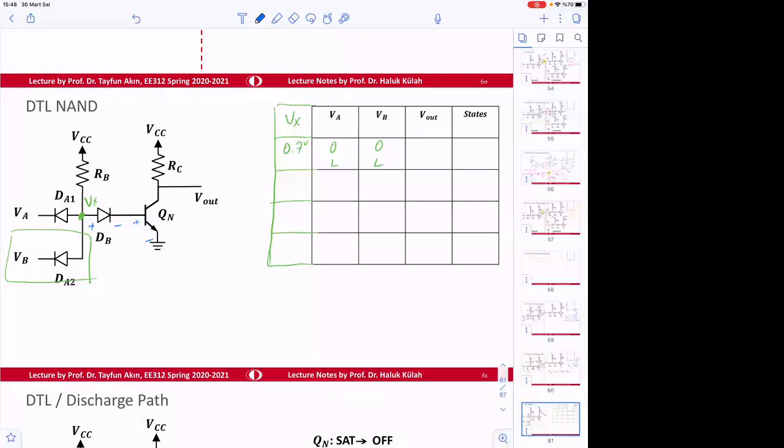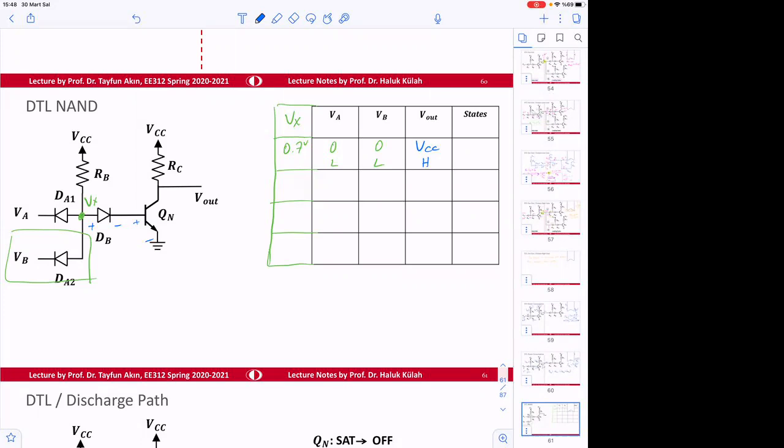Therefore, Qn is off. And Qn off means Vout is going to be VCC. So Vout is going to be VCC, that means the output is high. So the state of the output is obtained here.